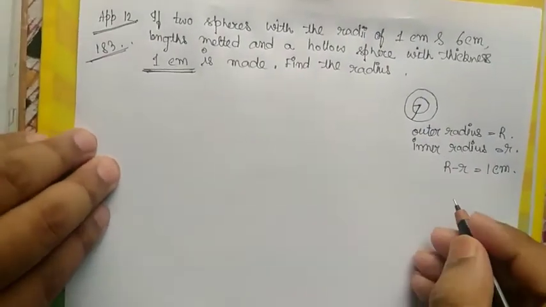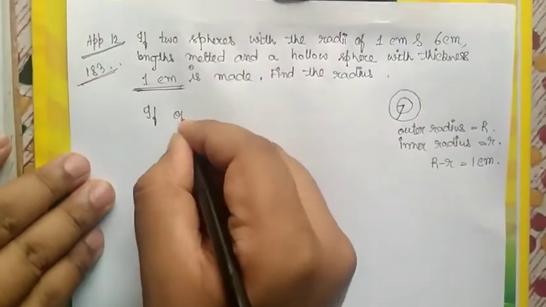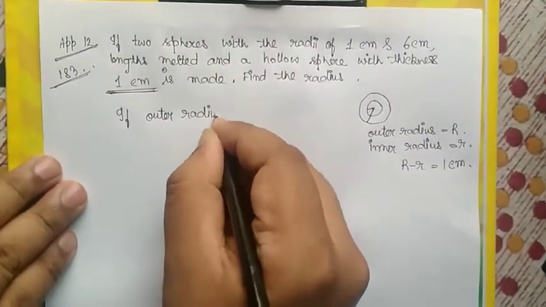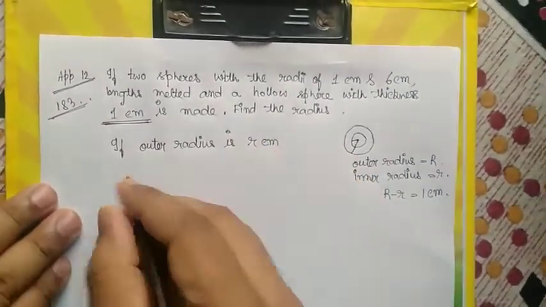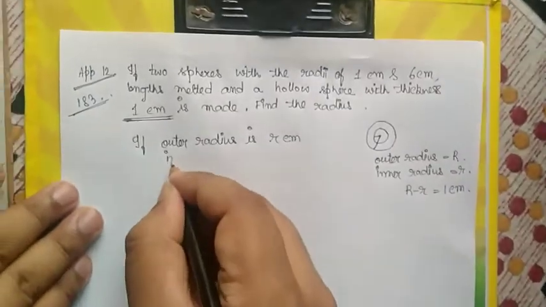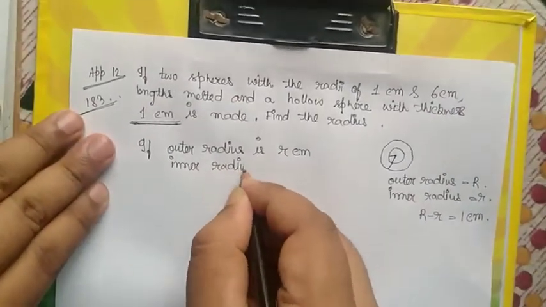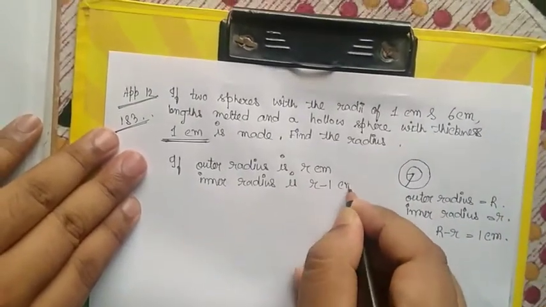Or, if the outer radius is r centimeter, then the inner radius will be r minus 1 centimeter.